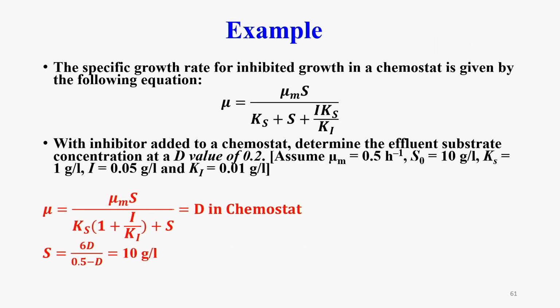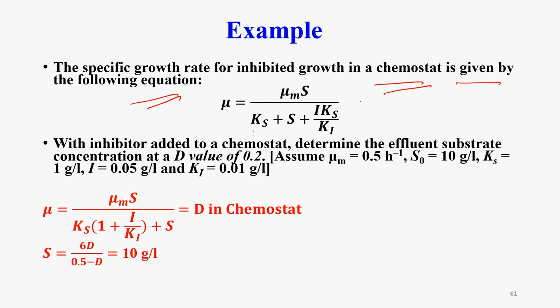So, we will have one example here. It says the specific growth rate of inhibited growth in a chemostat, a continuous culture that we will be discussing in the next module, is given by the following expression: mu equals mu max S upon Ks plus S plus I Ks upon Ki. Now, can you think of which type of inhibition this is?